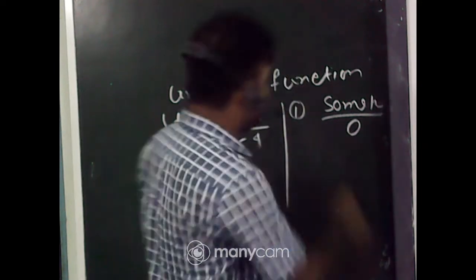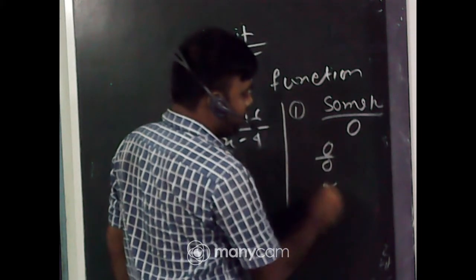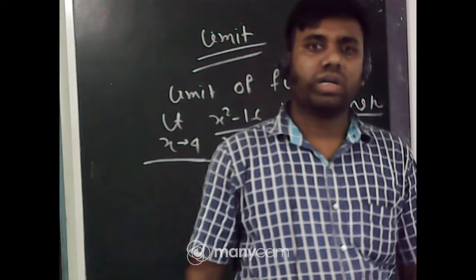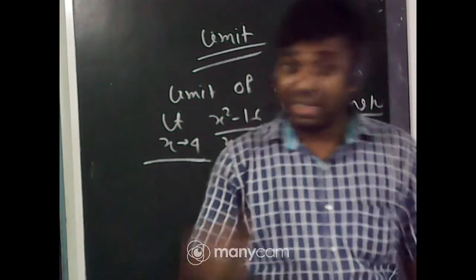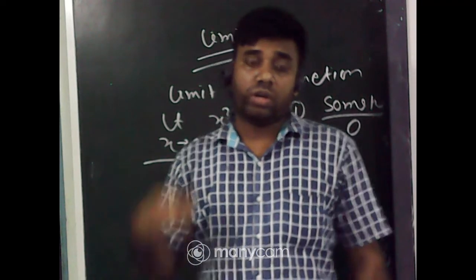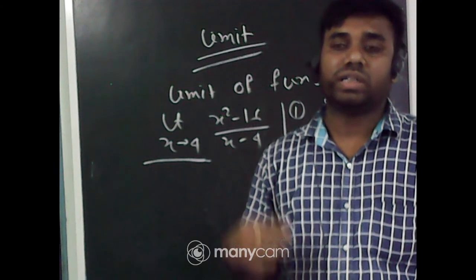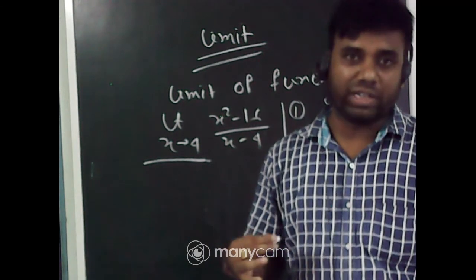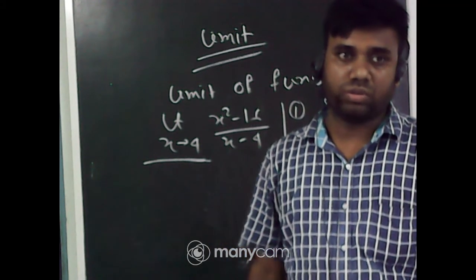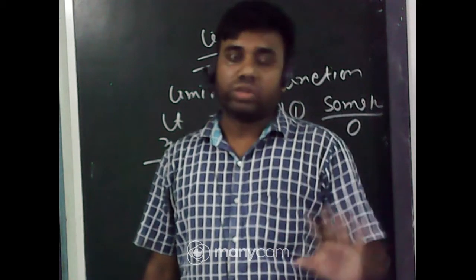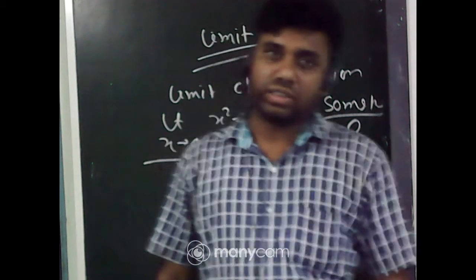These forms are called 0 by 0, infinity by infinity, 1 by infinity. These forms are called indeterminate forms. And in the limit chapter, our first target will be to avoid the indeterminate form, to avoid the denominator equal to 0. If the denominator equals 0, the function does not exist.